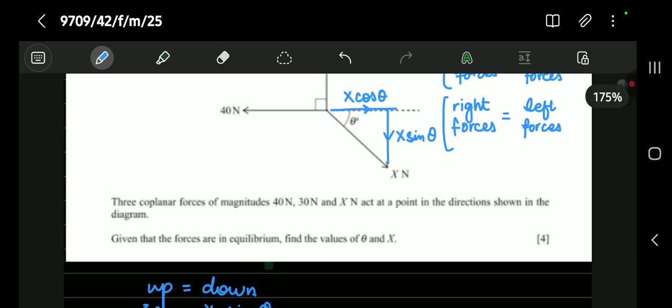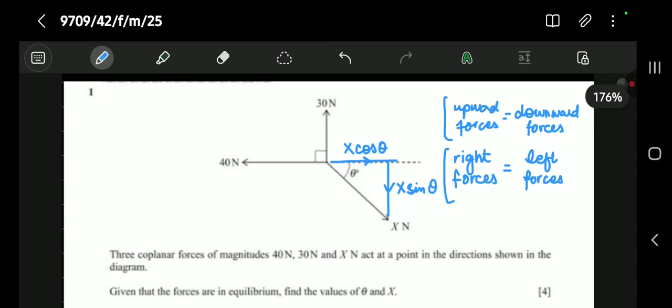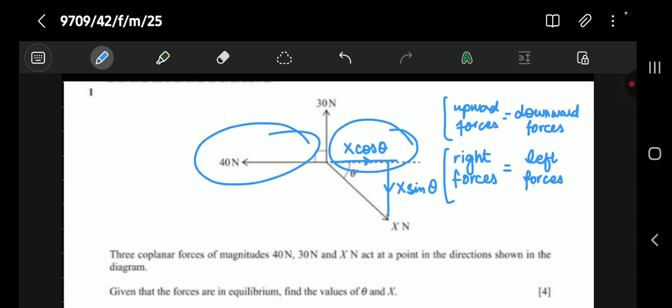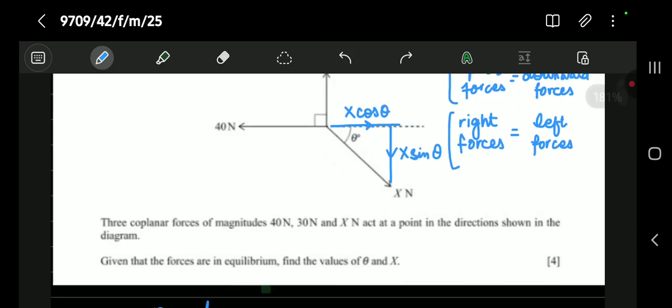And the right force is equal to the left forces. The right force is x cos theta and left is 40 Newton. So x cos theta equals 40 Newton.